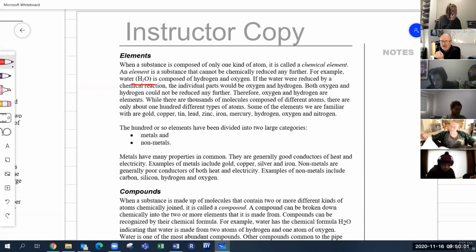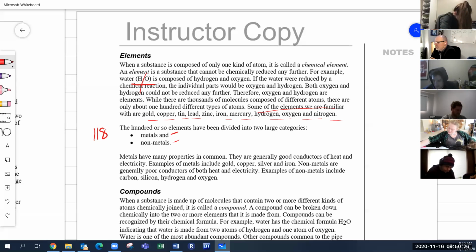H2O is a compound and it has two separate elements coming together, hydrogen and oxygen. Some of the elements that we're familiar with are gold, copper, tin, lead, zinc, iron, mercury, hydrogen, oxygen, nitrogen. And then the 100 or so, I think there's about 118, there's metals and non-metals.